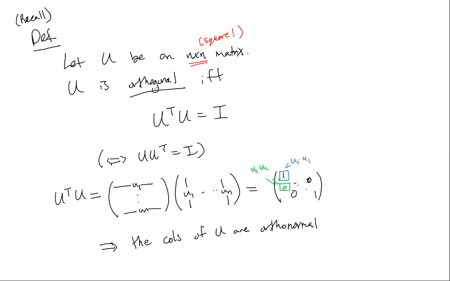In this class, we've tried to stress the differences in vocabulary between different objects. For example, vectors can be linearly independent, but a matrix can't be linearly independent. But in this case, orthogonal can apply to both a collection of vectors and a matrix, but they mean different things. A collection of vectors is orthogonal if their dot products are all 0. A matrix is orthogonal if it's square and its columns are all orthonormal.